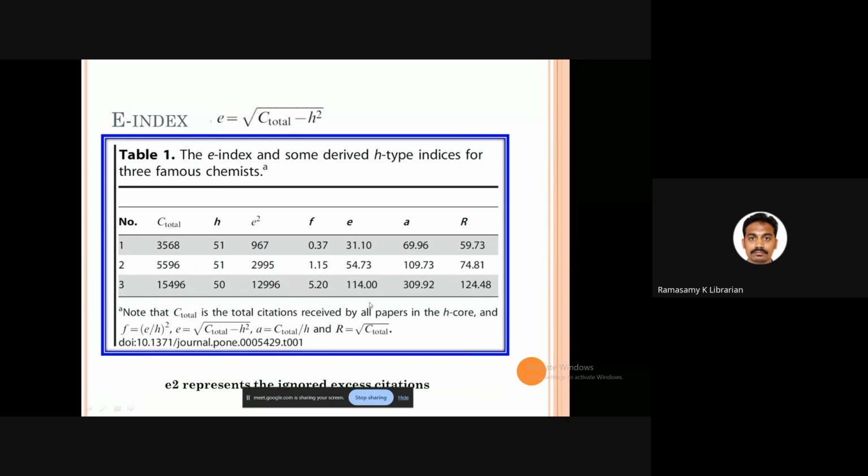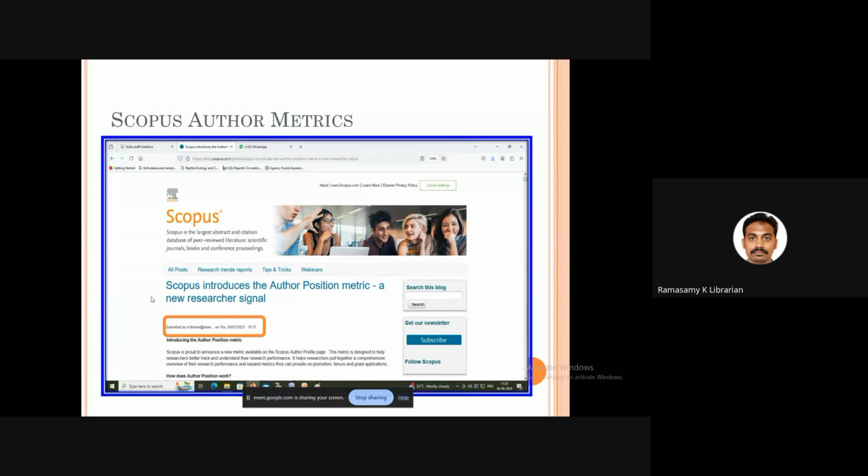It means that when the H index is almost the same, and we want to give weightage to excess citations, author C shines as the best author. You can use the E index when you want to give consideration to the excess citations received by the individual concerned.